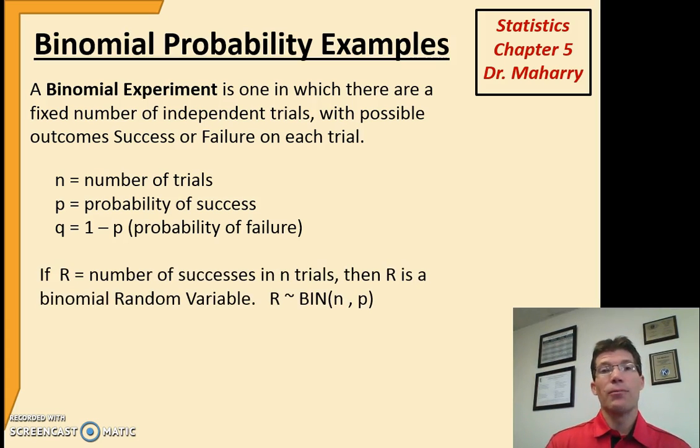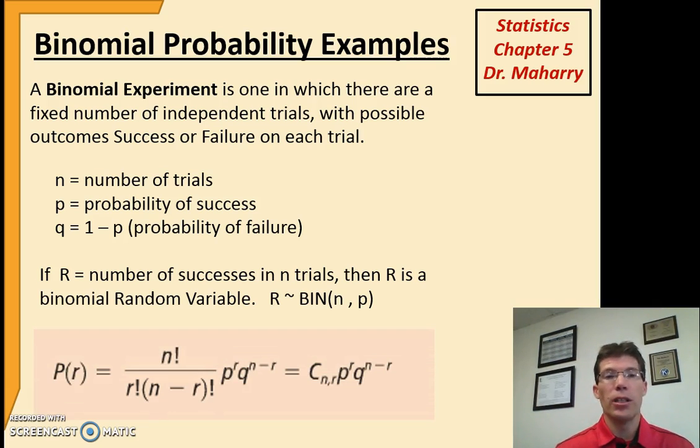If r is the number of successes in a fixed number of trials, we say r is a binomial random variable. Here's the formula for the probability distribution function for a binomial. It looks a little messy. The nice thing is it works for any binomial experiment.